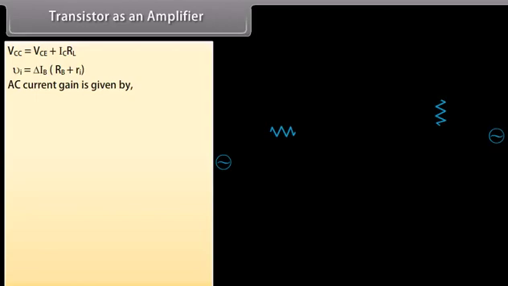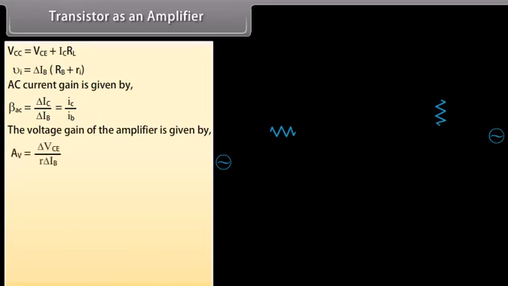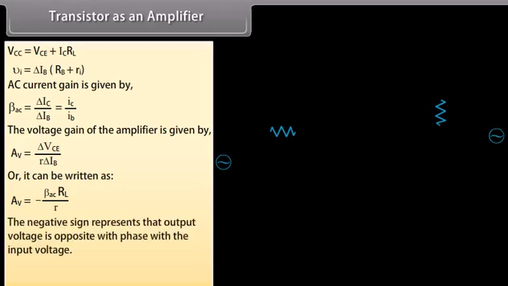AC current gain is given by beta AC is equal to delta IC upon delta IB. The voltage gain of the amplifier is given by AV is equal to delta VCE upon R delta IB, or it can be written as AV is equal to minus beta AC RL upon R. The negative sign represents that the output voltage is opposite in phase with the input voltage.